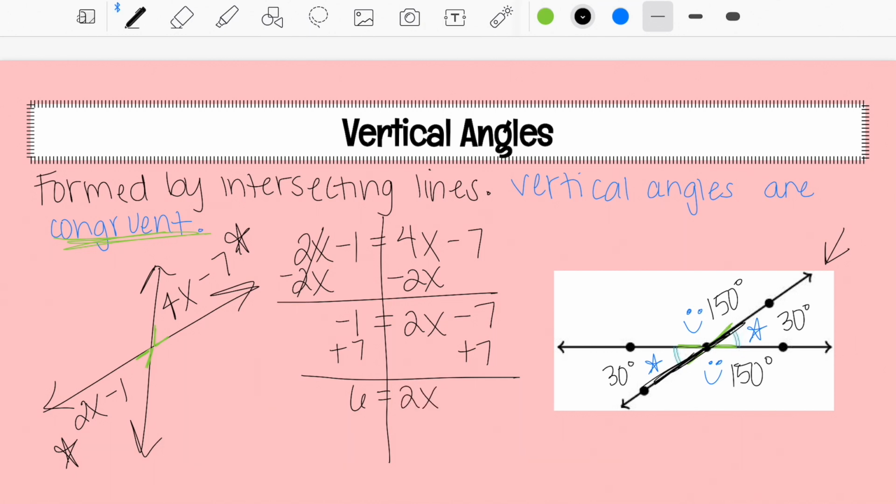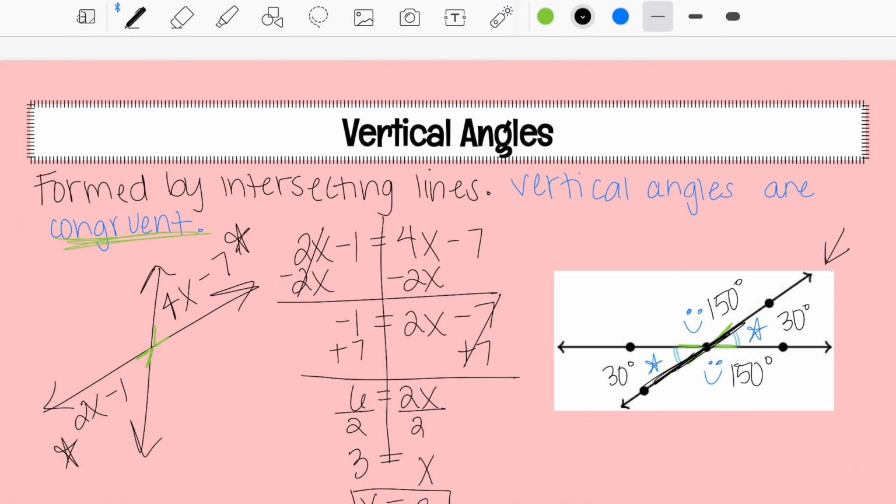I'm left with 2x, and then negative 7 and positive 7 create a zero pair. The last thing that I need to do is divide both sides by 2 in order to isolate x. So I get that x is equal to 3. Notice how it's written 3 is equal to x, but I can also write that as x is equal to 3. Those are the same things.